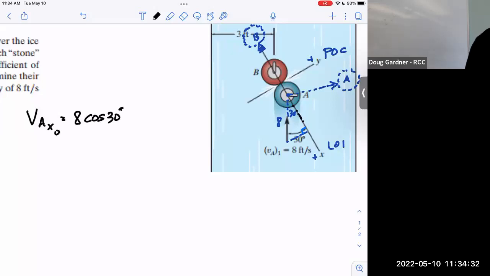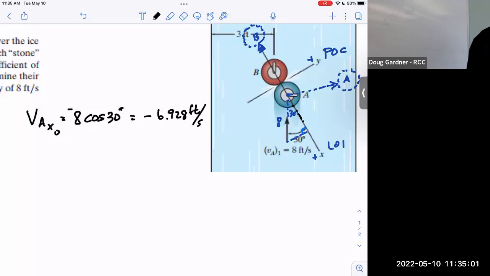Based on my coordinate direction, it's actually going away from positive X, so it's negative. I punch that in, I get negative 6.928. The way the book labeled it is great: velocity of A1, velocity of A2, A1X, whatever. I just like initial and final for some reason.